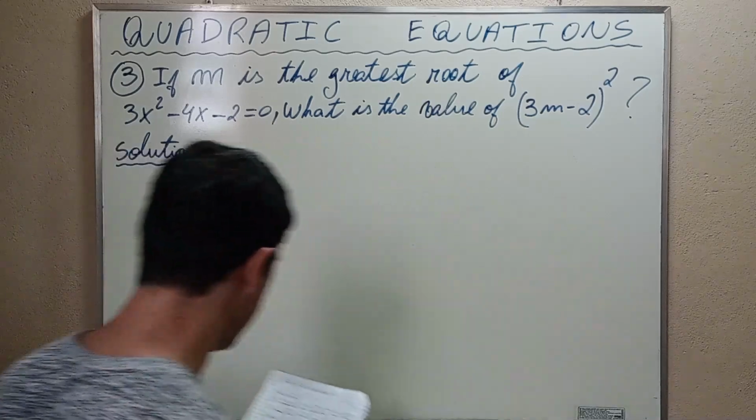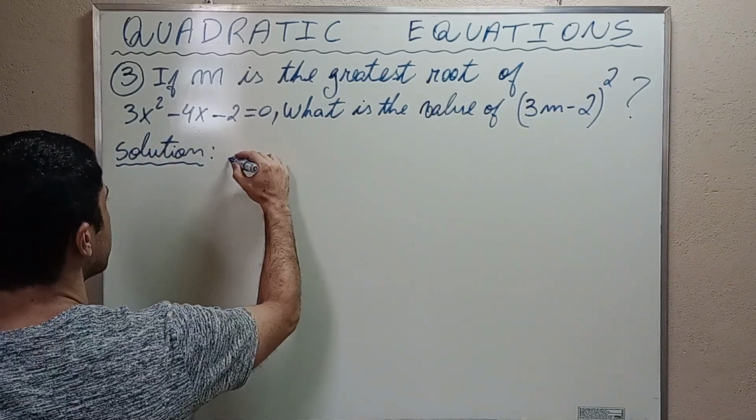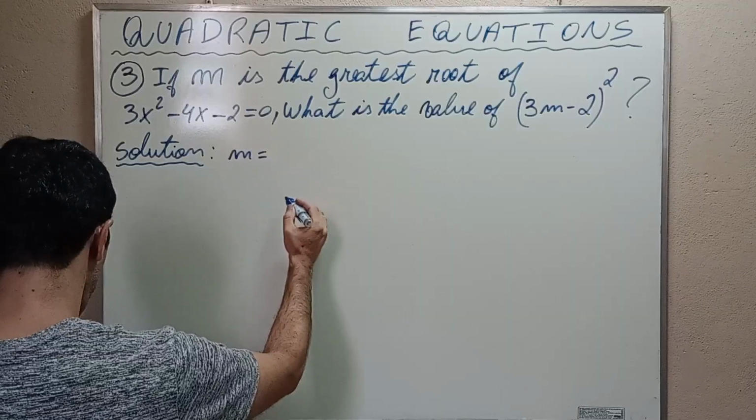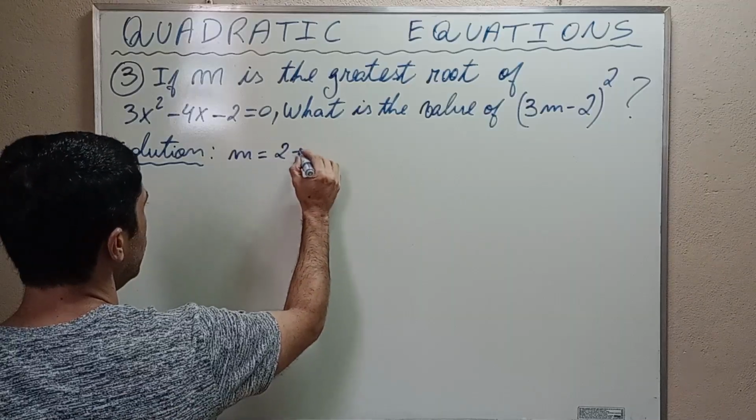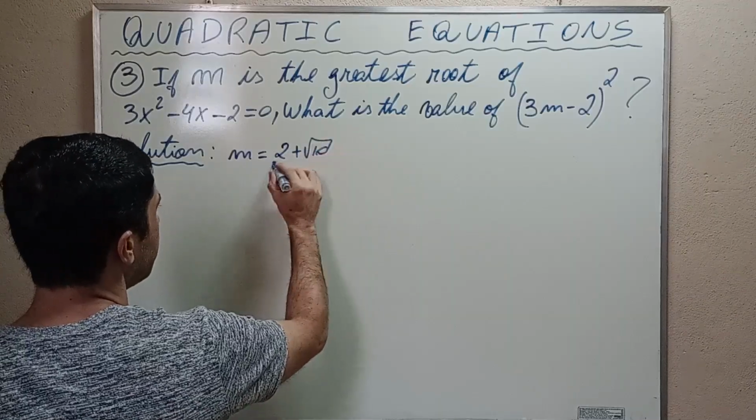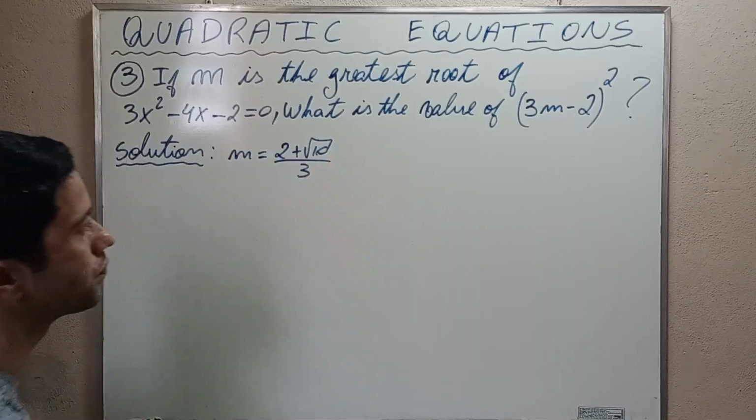We've discovered that m will be equal to (2 plus the square root of 10) divided by 3.